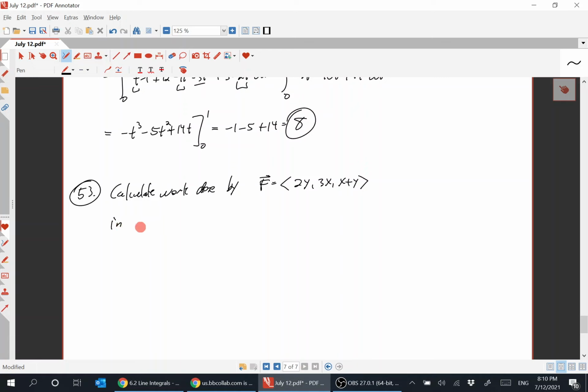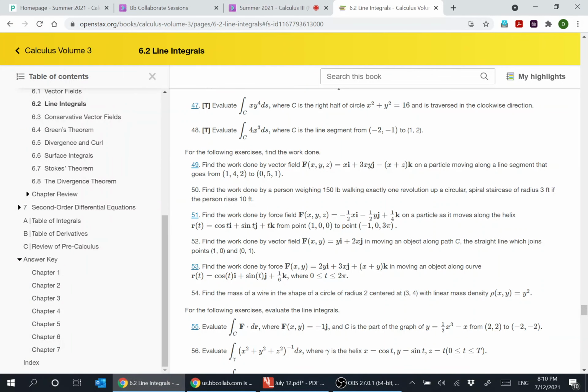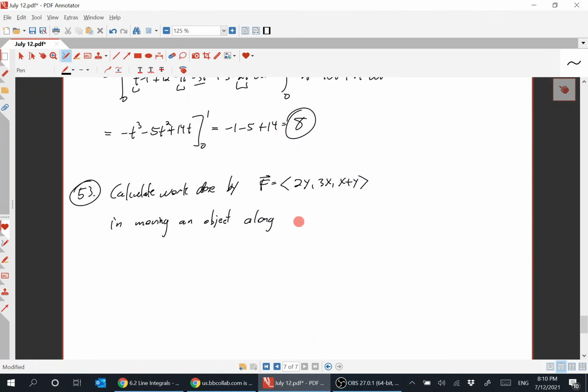in moving an object along curve C, cosine t, sine t, 1/6, zero less than or equal to t less than or equal to 2 pi.